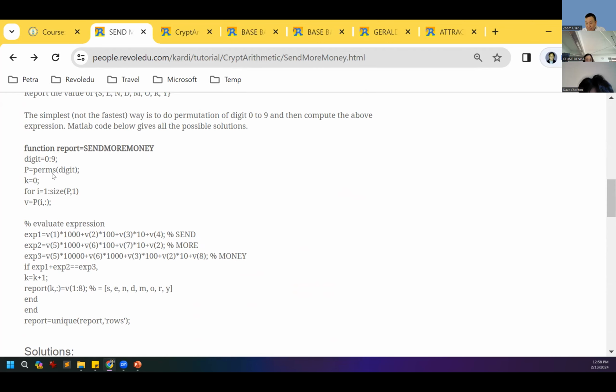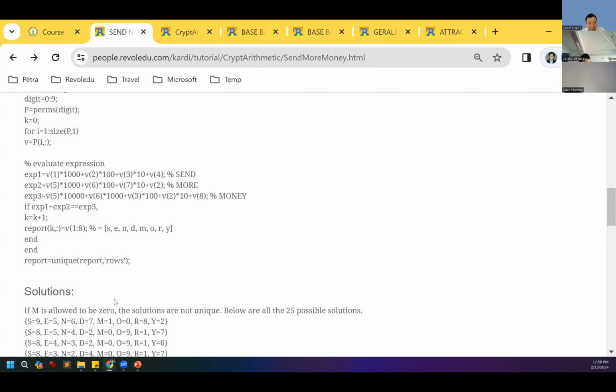You do a permutation of all the digits 1 to 9, and then you evaluate this expression, and then you report the unique value. If you do it using linear algebra, it's also possible. A while ago, I showed you, right?